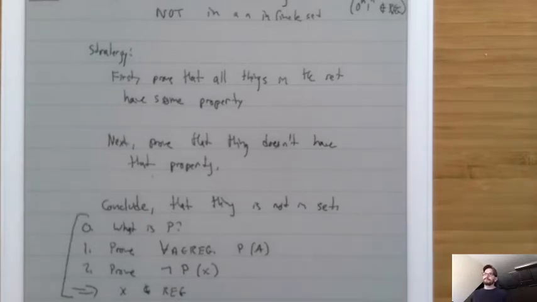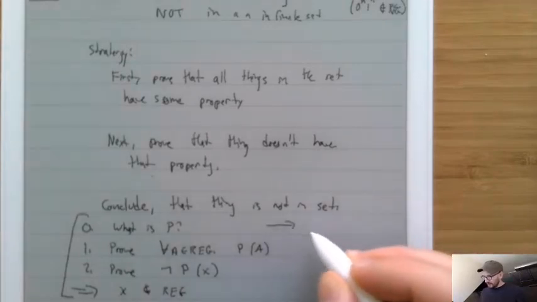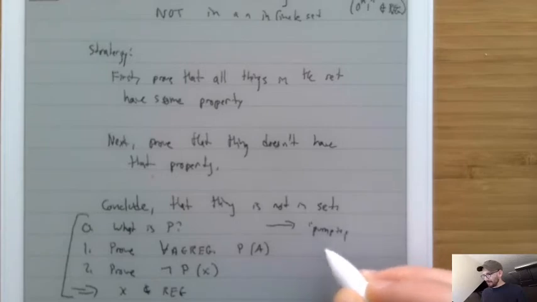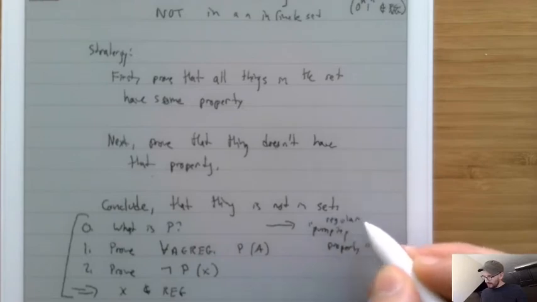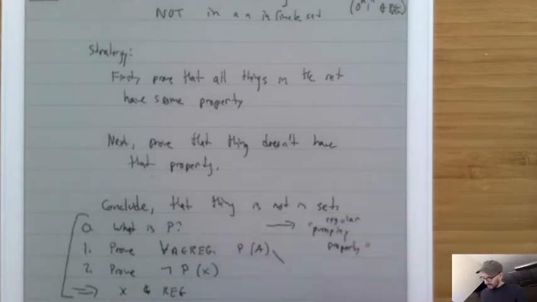This property is called the pumping property. Typically, it's called the regular pumping property. And this proof right here, that everything has it, is called the pumping lemma.